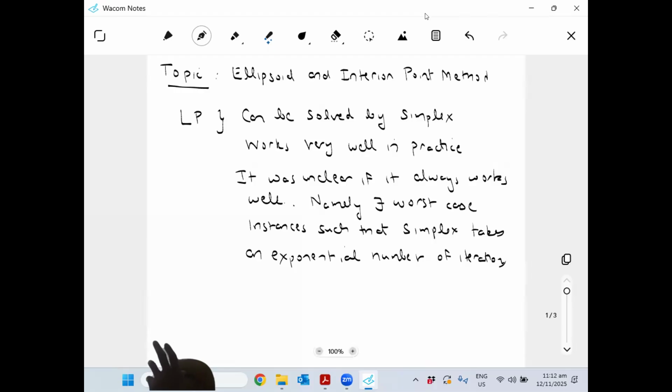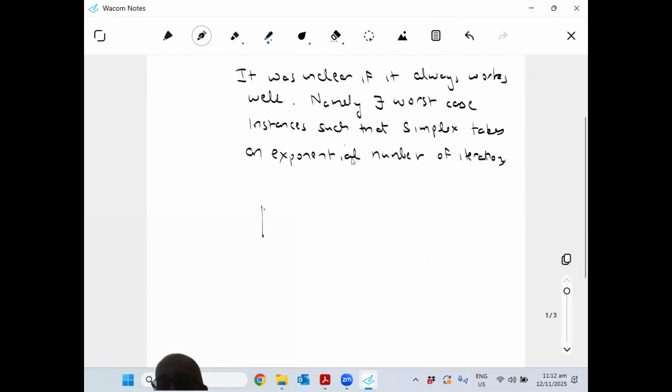Think about simplex. Let's say there's a polyhedron of some type. What simplex does is it starts off at a basic feasible solution, it moves to some new basic feasible solution, it moves to the extreme point, then it moves to some other extreme point.